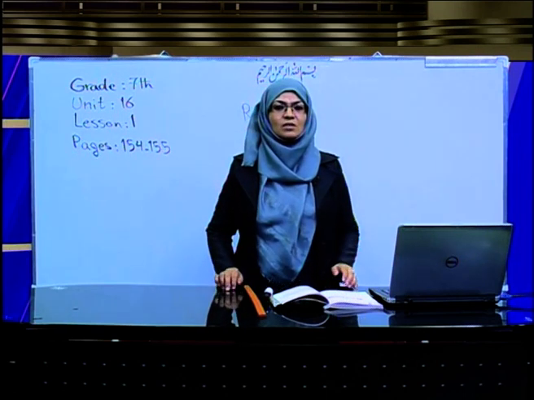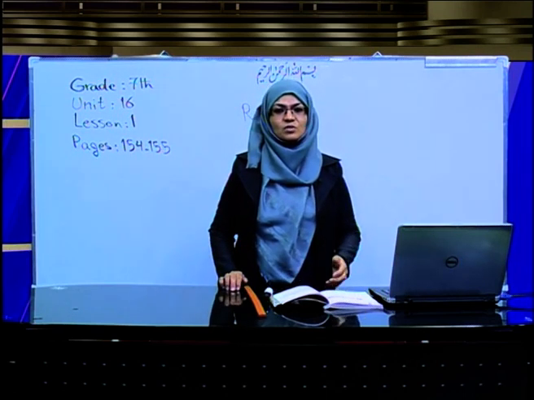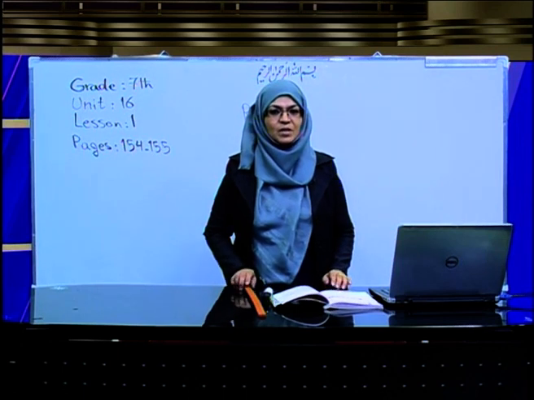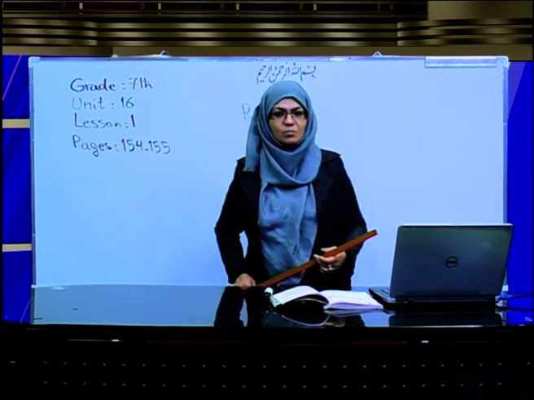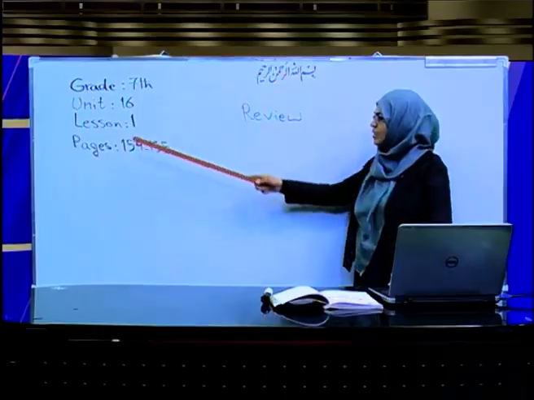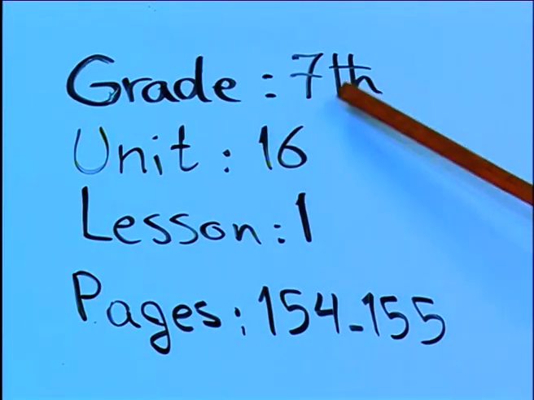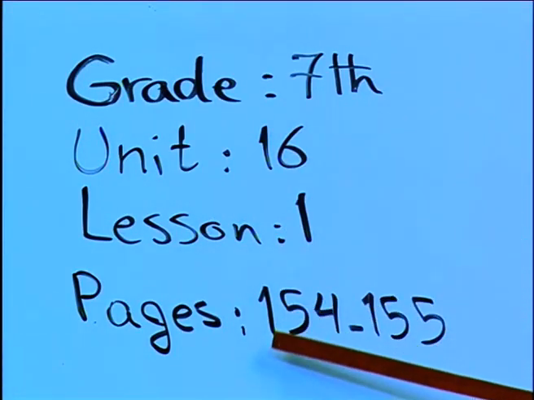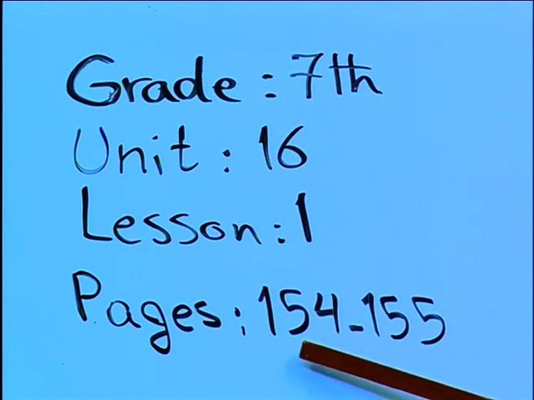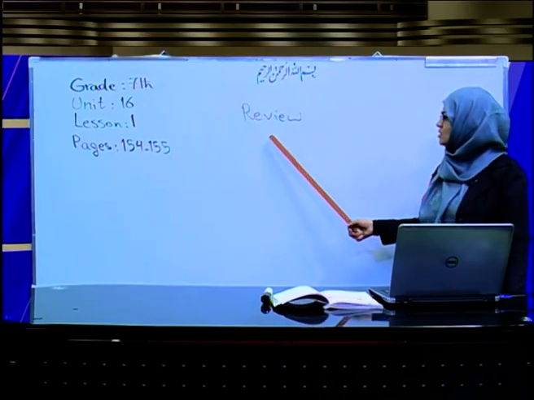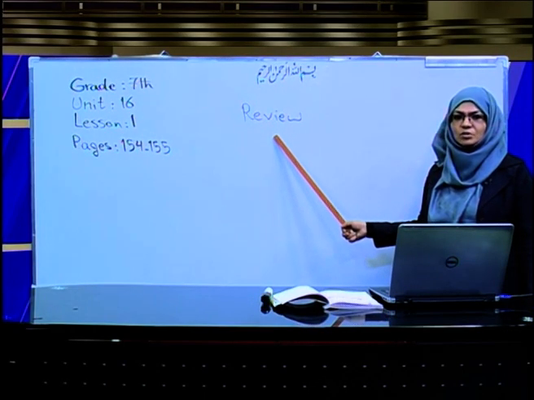Today we are going to start a new unit, and this is of course the last unit of your book, unit 16. So see the board to know about the pages. We are in grade 7's unit 16 lesson 1, and we have two pages, 154 and 155. The title of our lesson is review, the title of our unit.